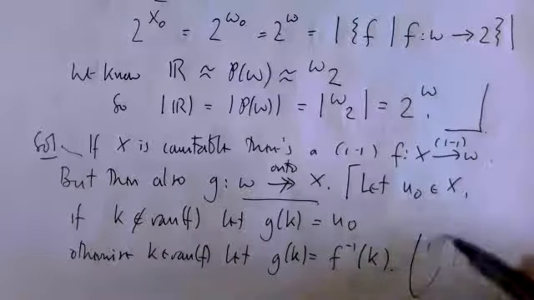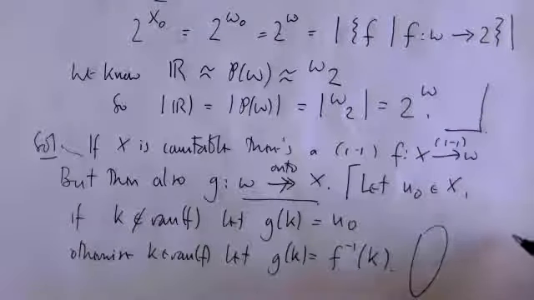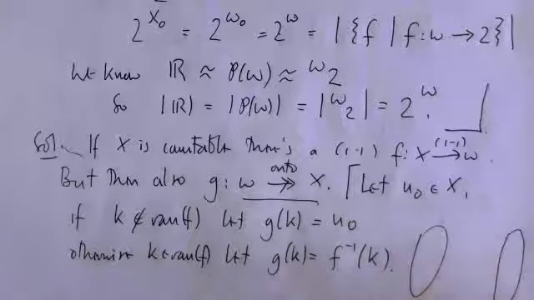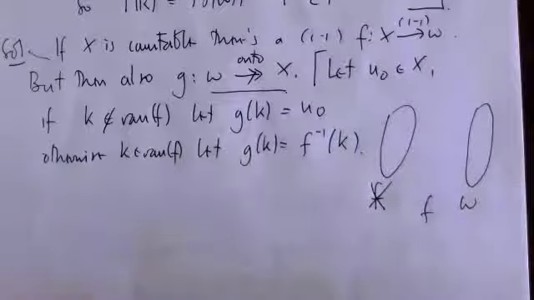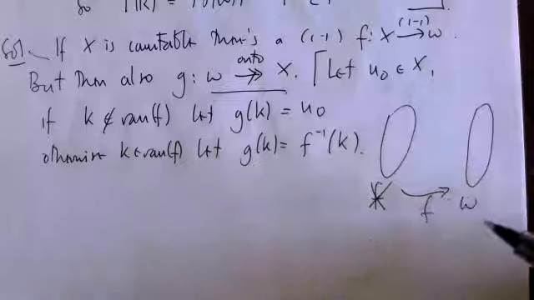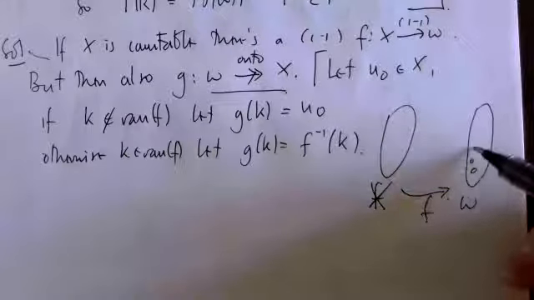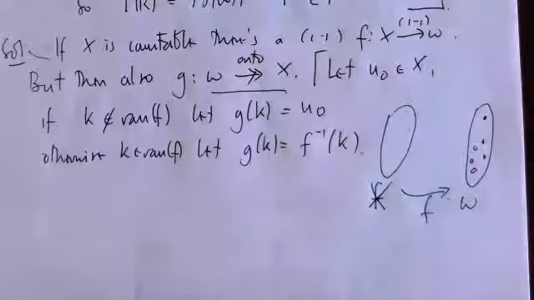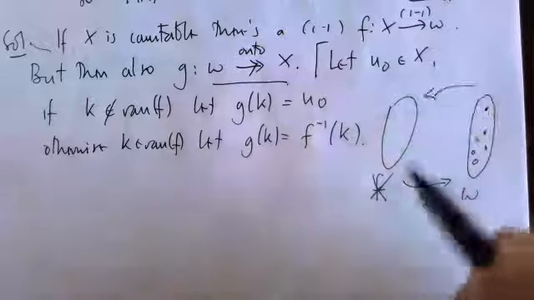So where we had F going from X into omega, the range of F may not be all of omega. We want a G going in that direction, which is onto.